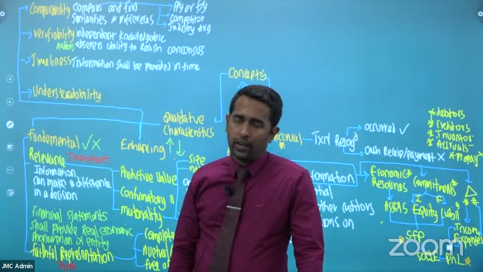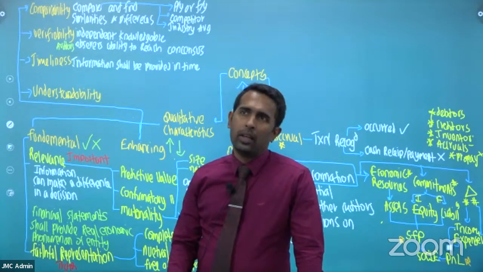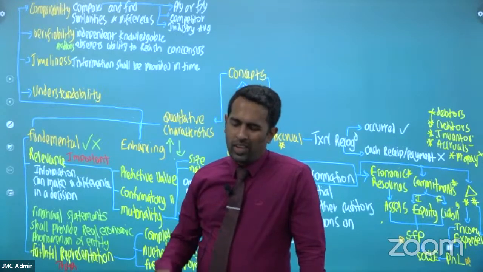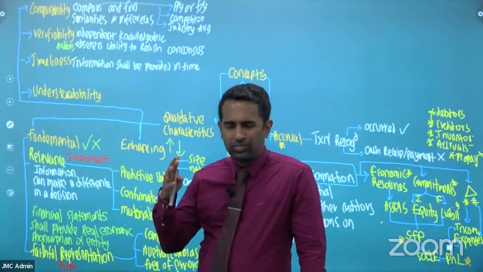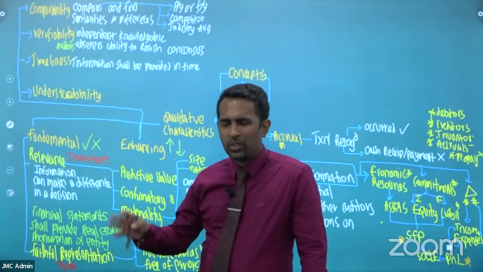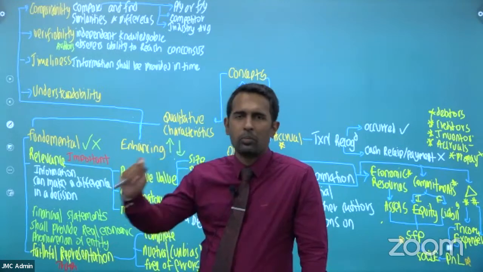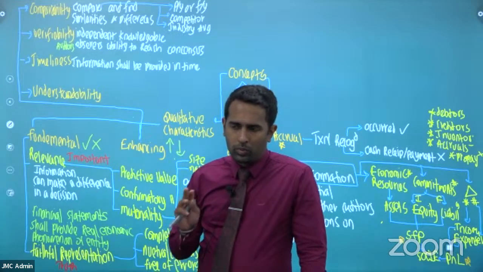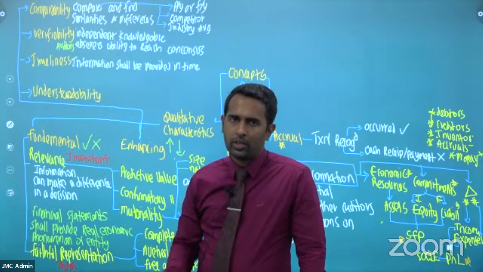Now, this does not mean that, let's say your financial year ends on 31st of December, the very next day you just prepare a set of financials and provide them to the stakeholders. Just because of timeliness, you can't be providing falsified information, no?